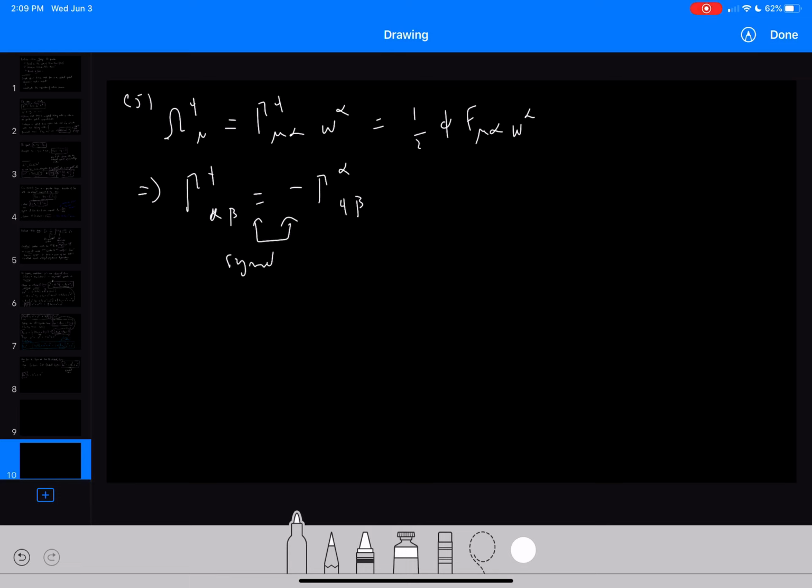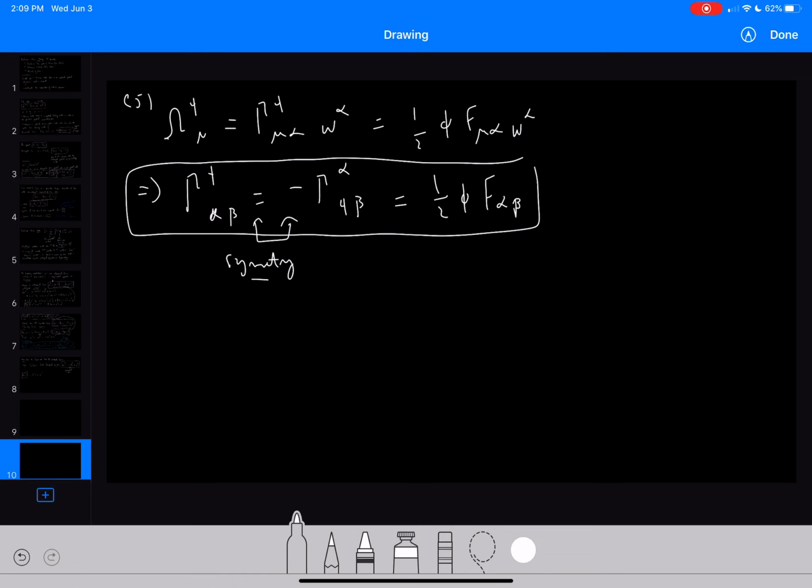So you can apply the symmetry arguments and change the orders of the indices, and that's the symmetry properties for such connection coefficients. And this is a half phi alpha beta. So it's interesting then that the 5D connection coefficients are completely determined by our scalar field and the Faraday tensor. It's very interesting that is the case here.